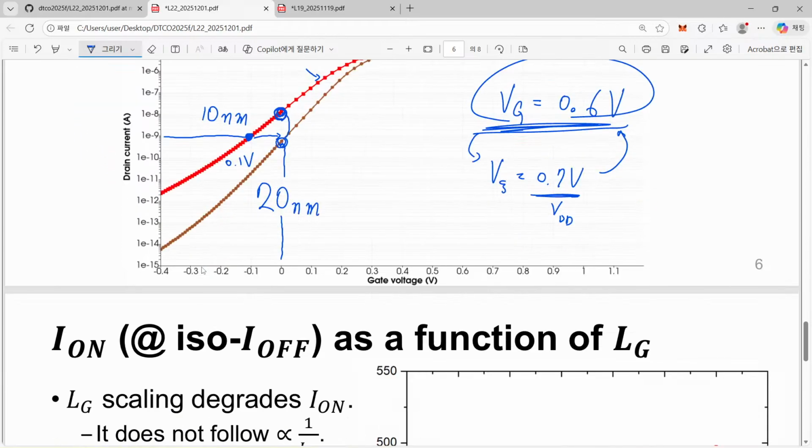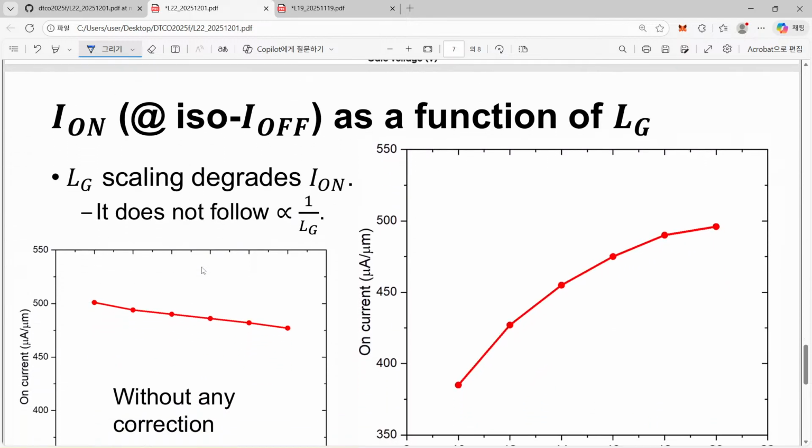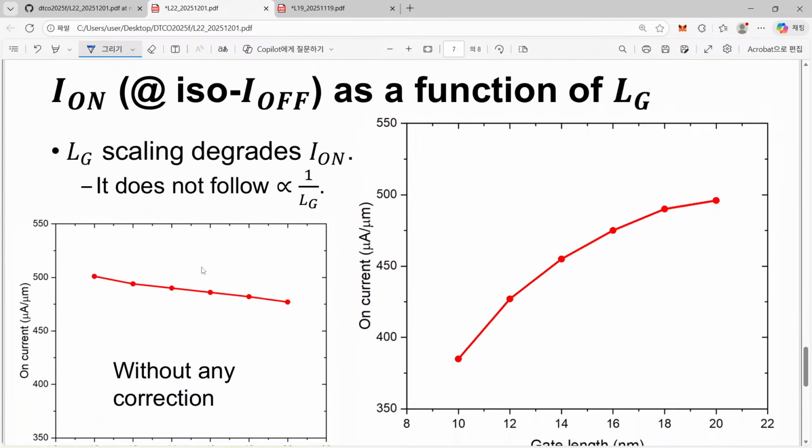So I think that this is the last slide of today's lecture. Let me just draw on current corrected with the same off current 1 nanoampere as a function of gate length.